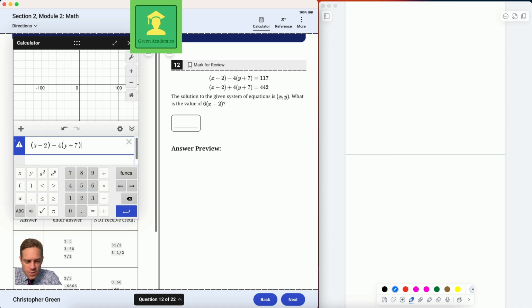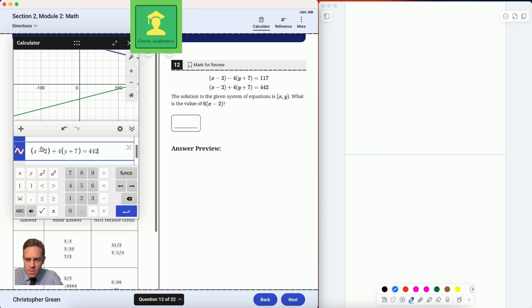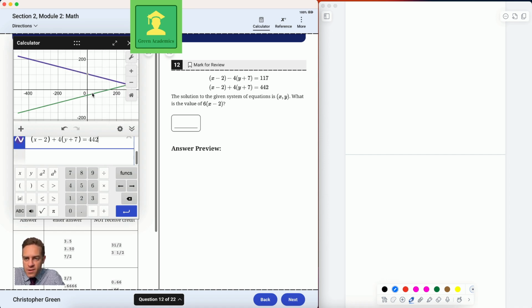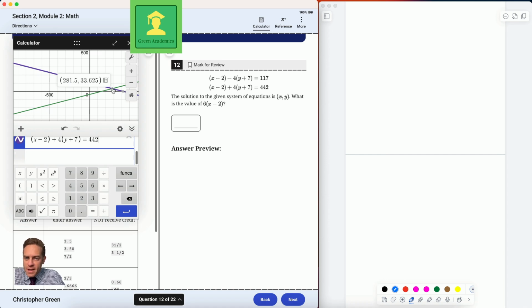So I'm recopying, that's that, and then okay, and then zooming out to see the solution, which is at 281.5, comma 33.625. So x is 281.5.